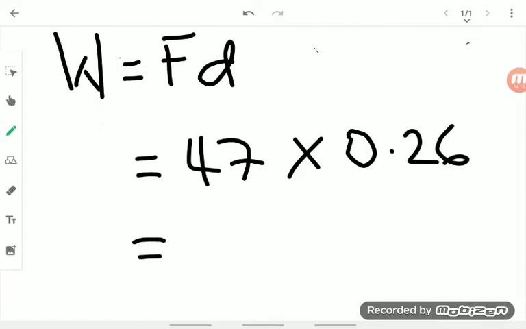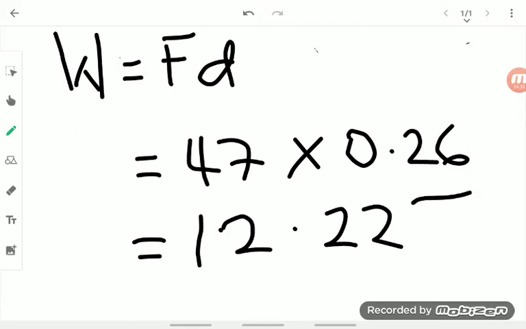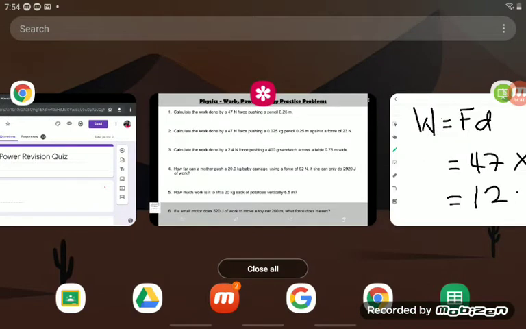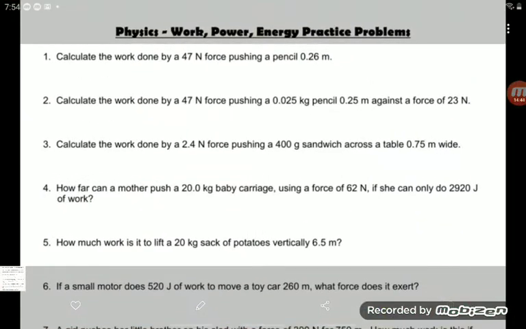So that gives us 47 times 0.26. It will be 12.22 joules. Easy peasy.